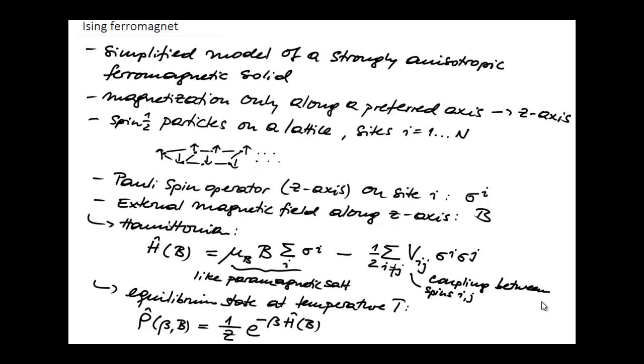In equilibrium, this Ising ferromagnet attains a canonical state, which has the standard form: 1 over the partition function times e to the minus beta times the Hamiltonian. And the Hamiltonian depends on this external control parameter B. The external field is a control parameter. So the equilibrium state and also the partition function depend on inverse temperature, which is a Lagrange parameter, and B as a control parameter.